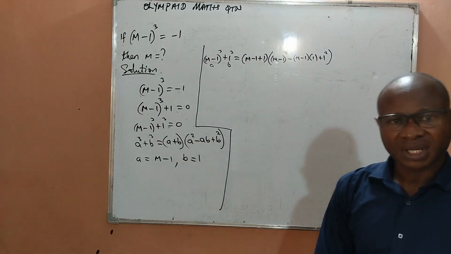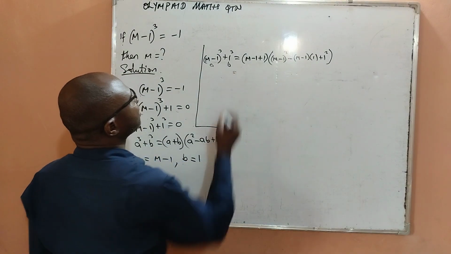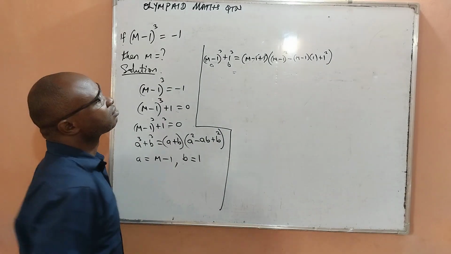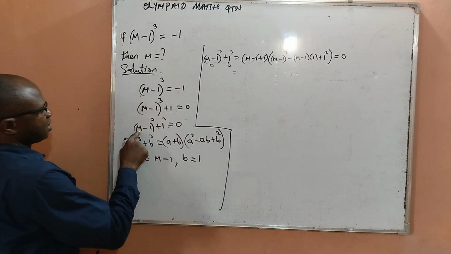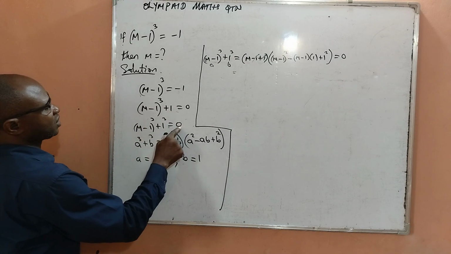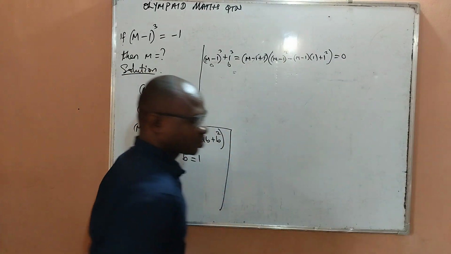At this point, I can now simplify. From here, minus 1 cancels plus 1. But remember, this is equal to 0. n minus 1 cubed plus 1 cubed is equal to 0, so the expansion of this is exactly this, and it is equal to 0.